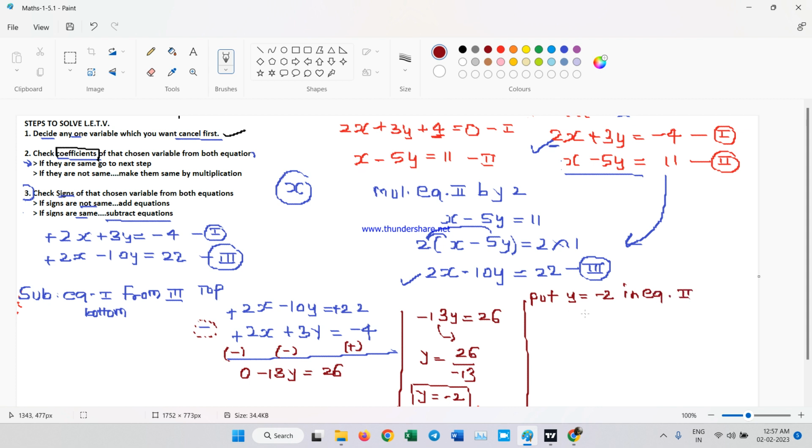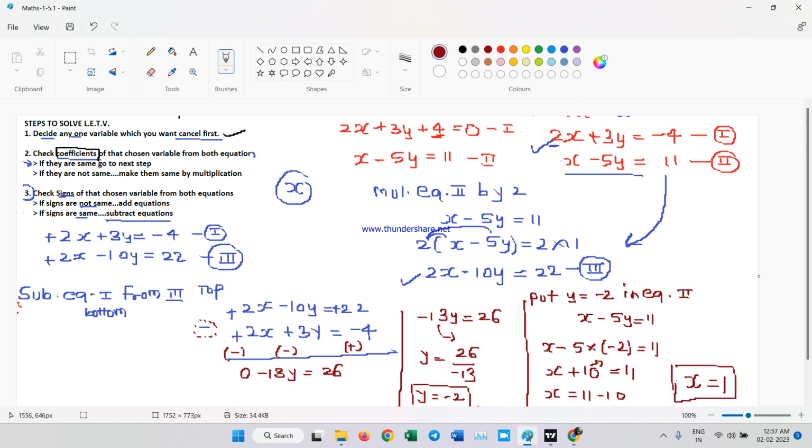Okay, so I'll first of all write that equation, that is x minus 5y is equals to 11. 5 y का value is minus 2. See here, minus minus plus, 5 2s are 10, and now we'll send the 10 on that side. So what I will get? x is equals to 11 minus 10, and nothing but x is equals to 1. So this is the value of x is 1 and the y is minus 2.